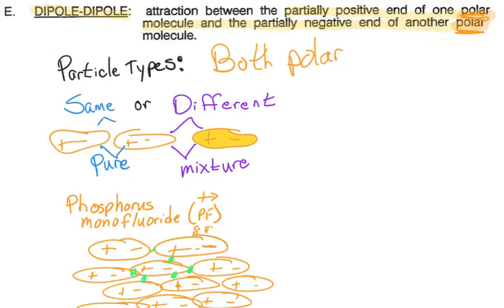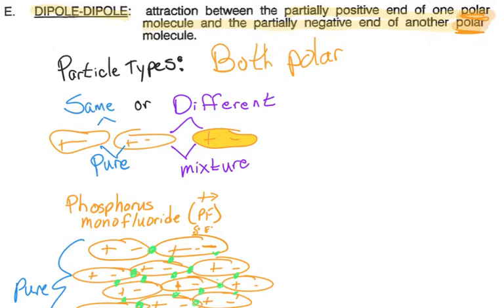So you'll notice that each negative is surrounded by a bunch of positives, and each positive is of course surrounded by a bunch of negatives. So this is an example of a dipole-dipole interaction of a pure substance. Everything in here is the same, and this is a pure substance.